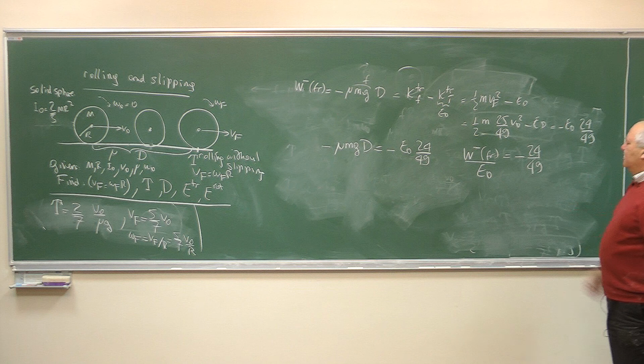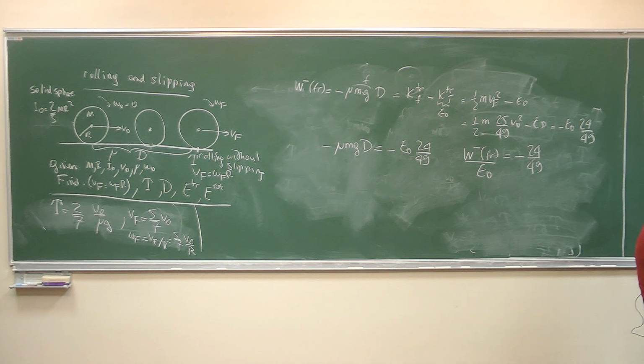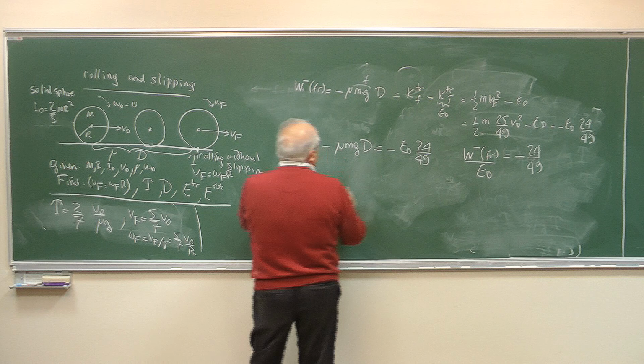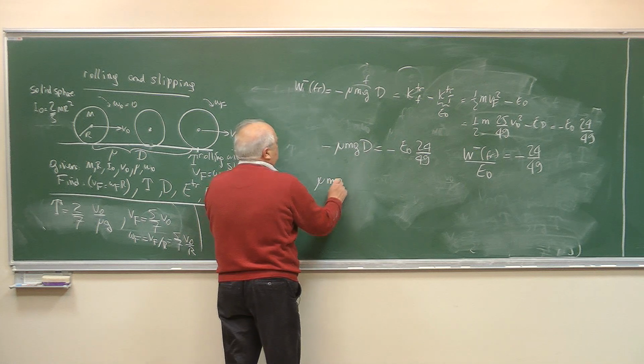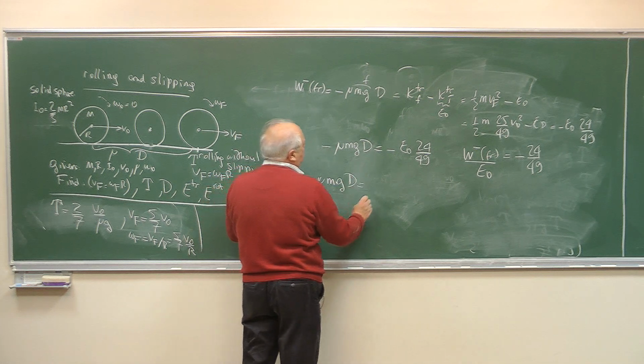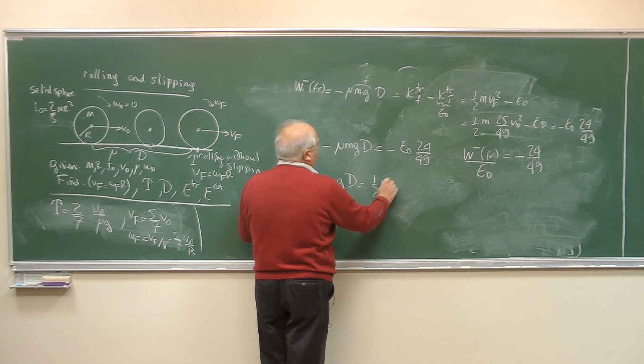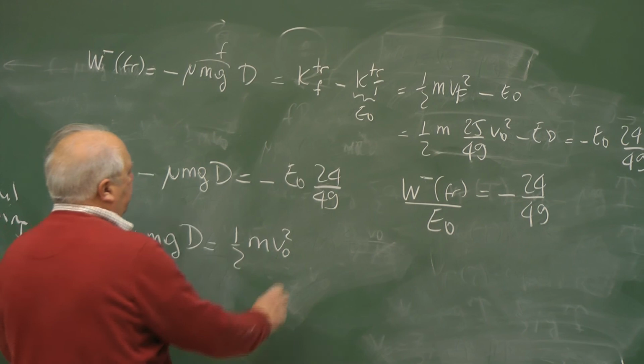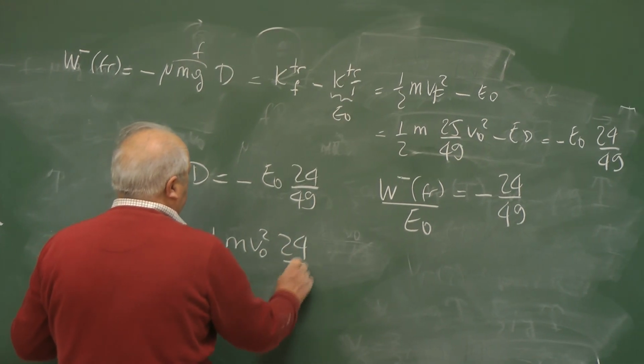So it almost eats up half of the initial kinetic energy. Now to find d, minuses cancel. Mu mg d is equal to 1/2 m V0 square times 24/49.